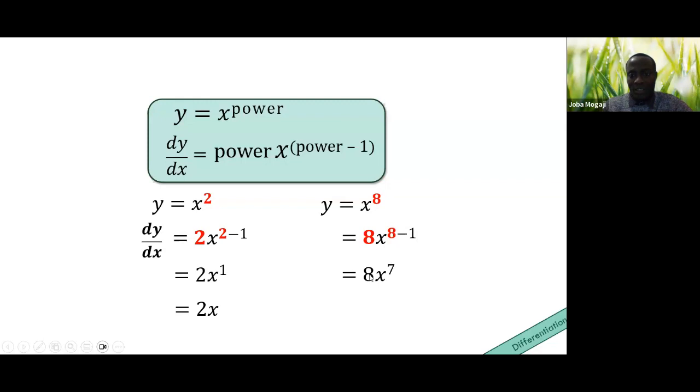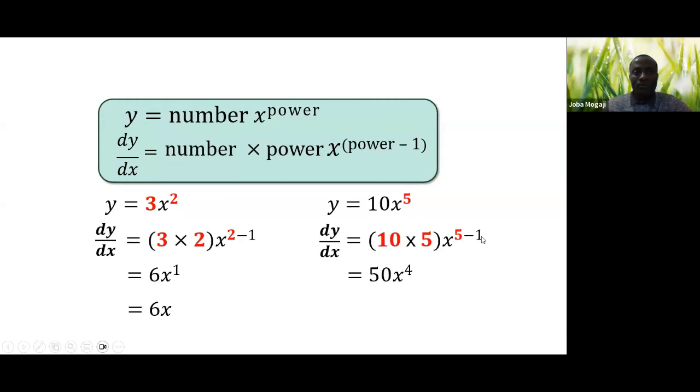Then this 8 will come down here again. 8 minus 1, that is 7, giving you s to the power of 7, which is what we have here now. So meaning that if you differentiate y equals s to the power of 8, you will get dy ds to be equal to 8s to the power of 7. That is what the answer will be.